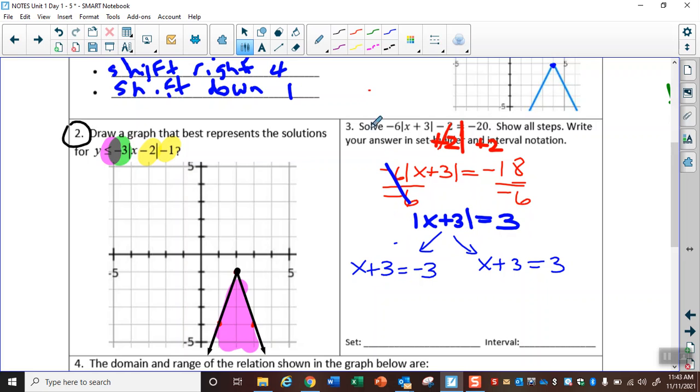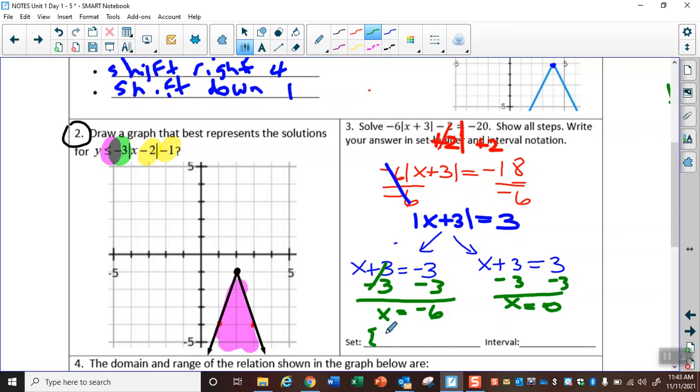And then I just go ahead and solve. I'm going to do -3, that goes away, and I get x equals -6. And then I'll do -3, and I'll get x equals 0, right? 3 minus 3 is 0.